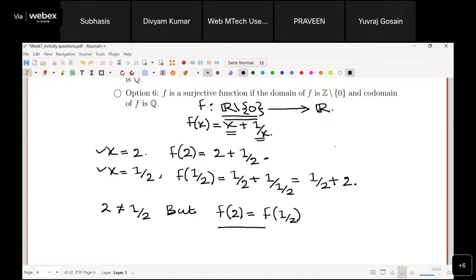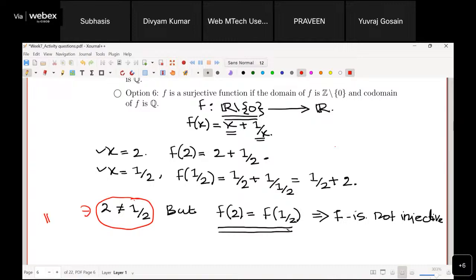This information is sufficient for me to tell that my function f is not injective, because I have two different inputs in my domain, 2 and 1 by 2, inside R minus 0, but their images are the same.